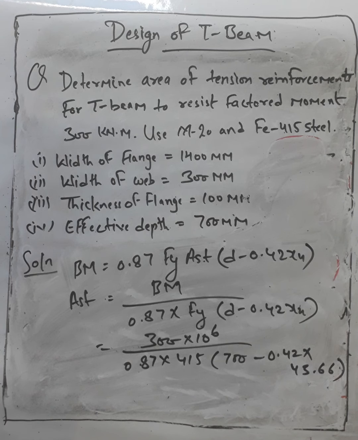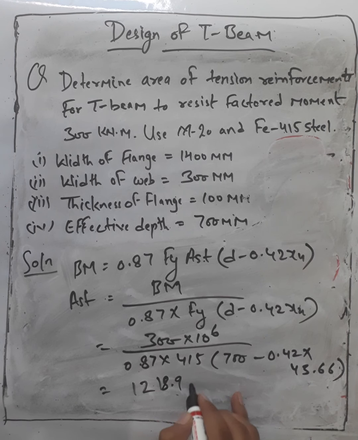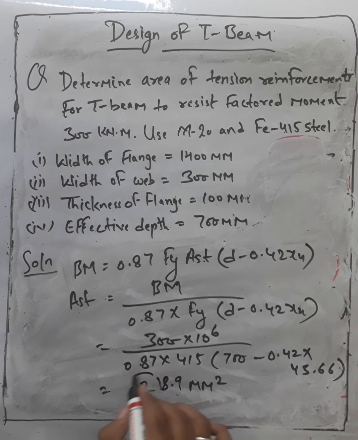So 0.42 into 43.66, 700 minus answer into 415 into 0.87. Here you get 1218.9 mm square.